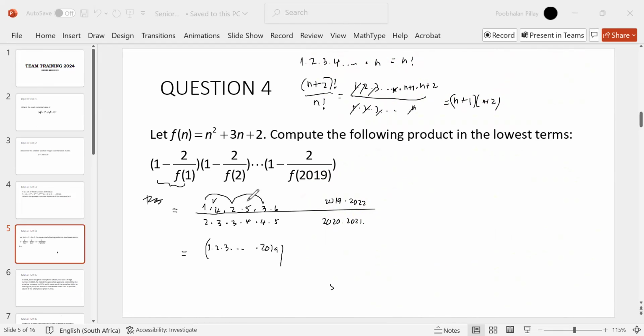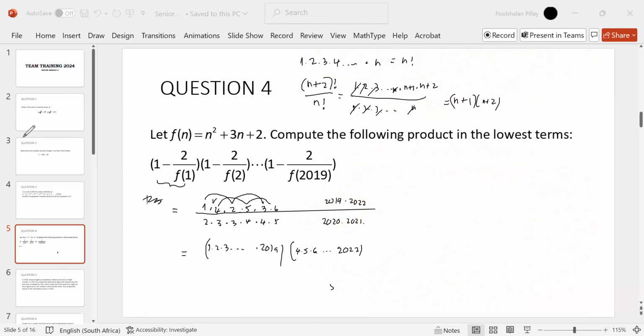And those are the alternate numbers. The other alternate numbers are 4 times 5 times 6, all the way up to 2022. Right? And then you're dividing.